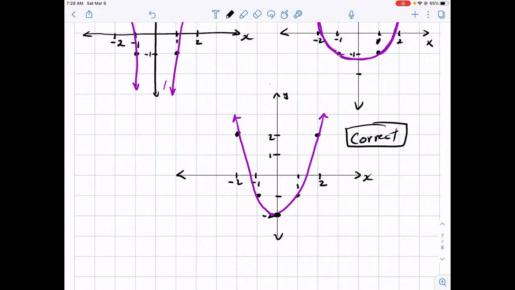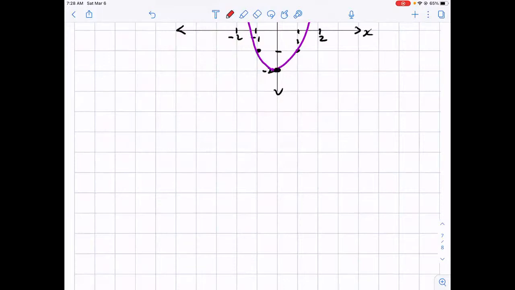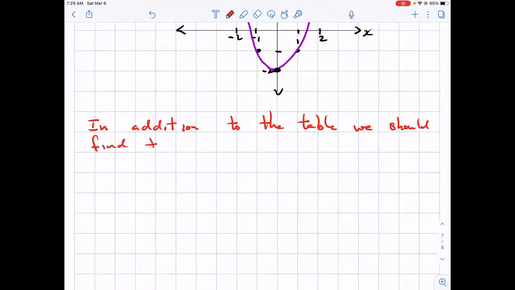In addition to plotting points, we can look at some things like intercepts. So in addition to the table, we should find the intercepts.